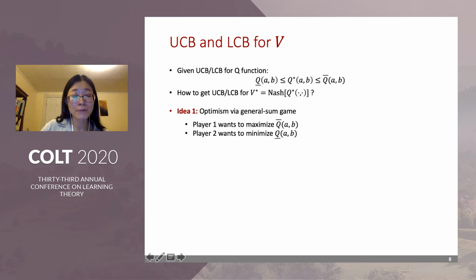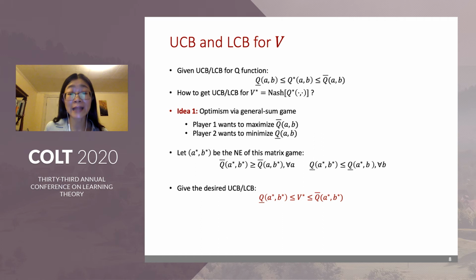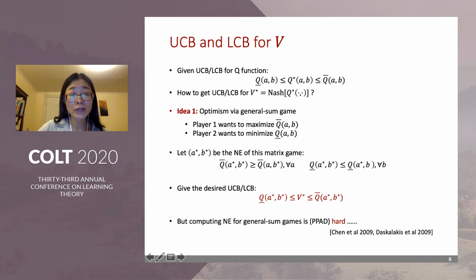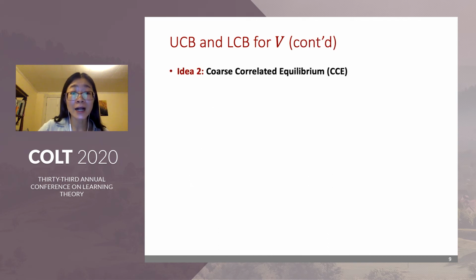Now, if both players play according to the Nash equilibrium of the general sum game, then indeed the resulting value function gives us the desired UCB and LCB. However, computing Nash equilibria for a general sum game is computationally intractable. Fortunately, it turns out that there is a relaxed notion of equilibrium named coarse correlated equilibrium, which is sufficient for our goal here.